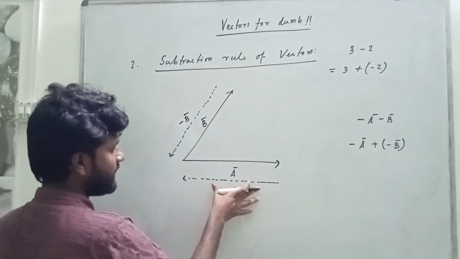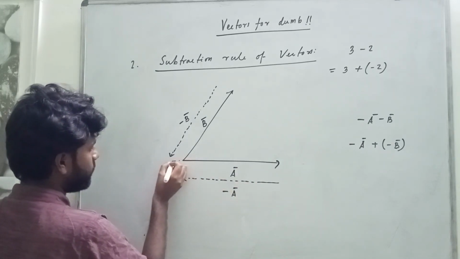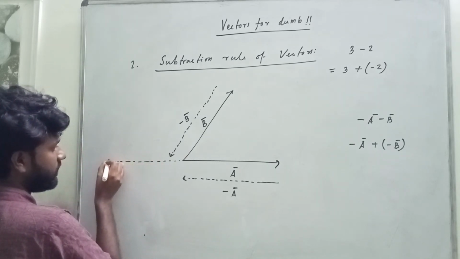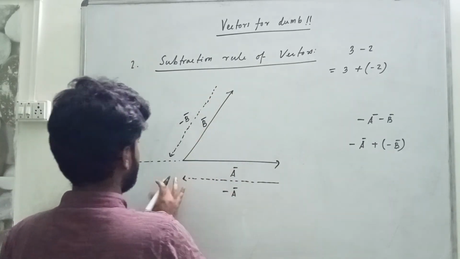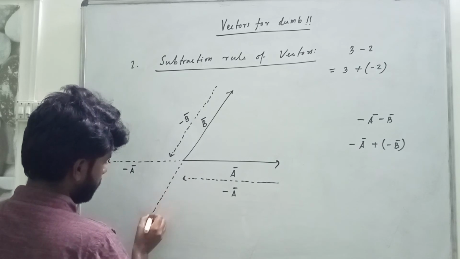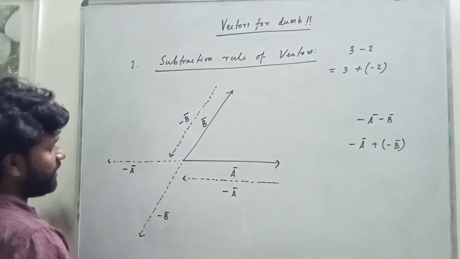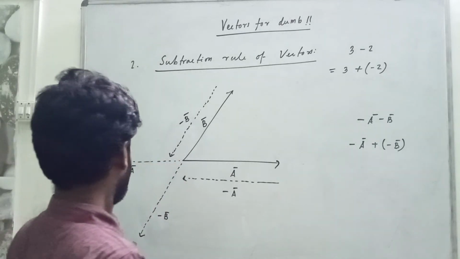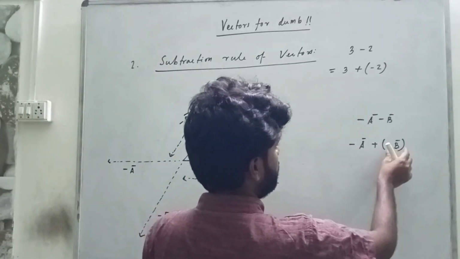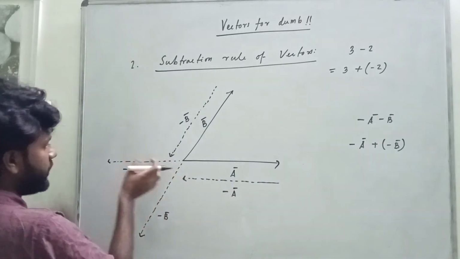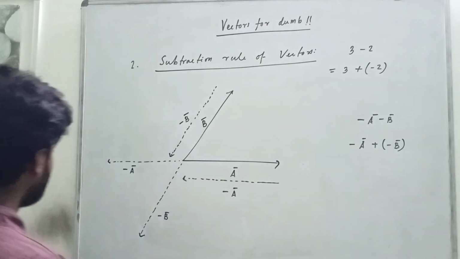And please place this minus a from here to there, just a parallel transformation. So it will be obviously a minus a here, and place minus b from here to there, also a parallel transformation. So it is a new minus a and a new minus b, and all of you know what we should do right now: the minus a plus minus b, I mean the addition of this and this.